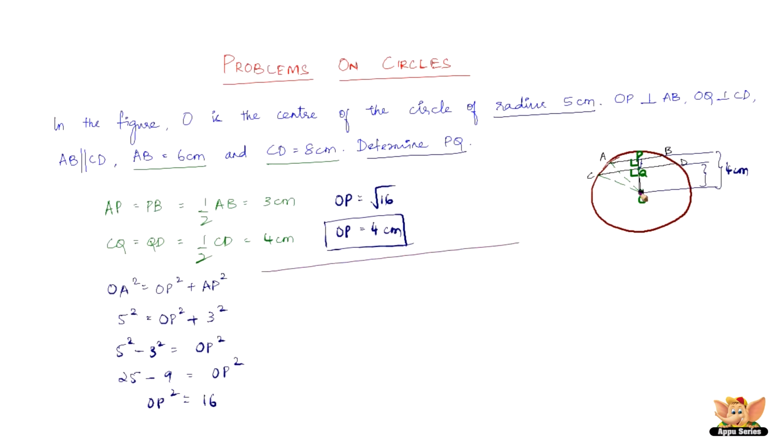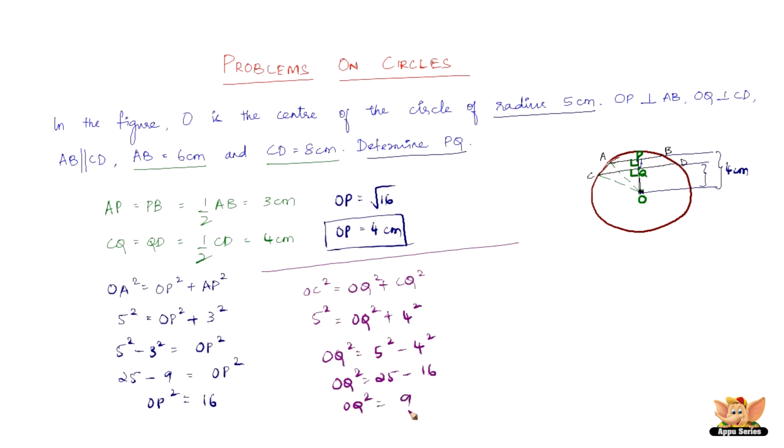In the right angle triangle OQC, we have OC square equals OQ square plus CQ square. Now OC square is equal to 5 square because it is the radius of the circle, and the radius is 5 centimeters. OQ square is what we need to find, and CQ square is nothing but 4 square. So OQ square equals 5 square minus 4 square, which is 25 minus 16.